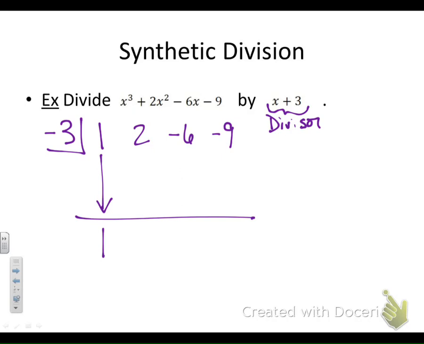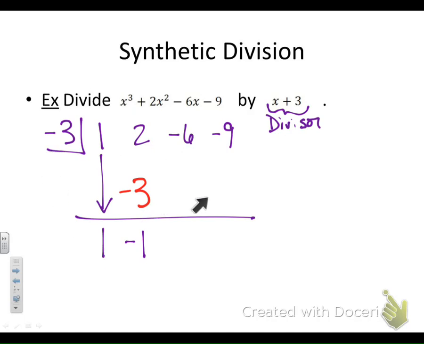Then you start the multiply, add, multiply, add, multiply, add. So I'm going to take this number down here, multiply it, and write it in the next column. So 1 times -3, that product is written here. And then I add 2 and -3. So I just multiplied and added. I'm going to multiply again and write that product over here.